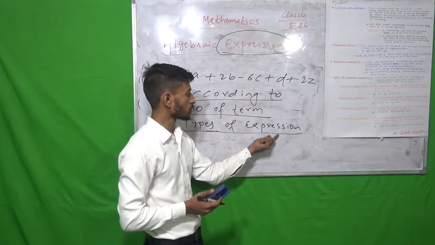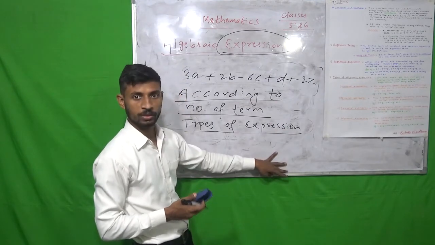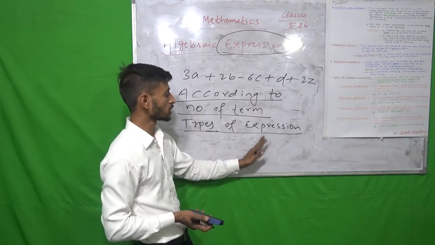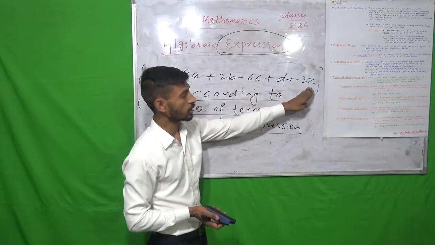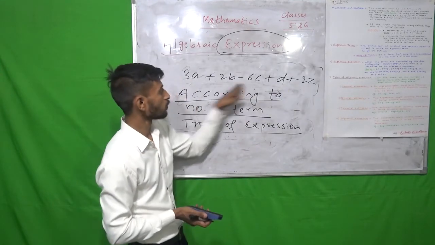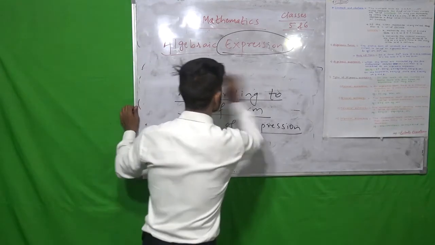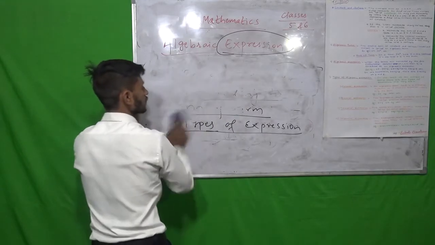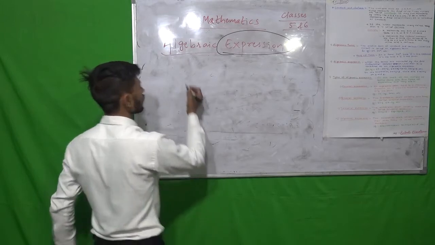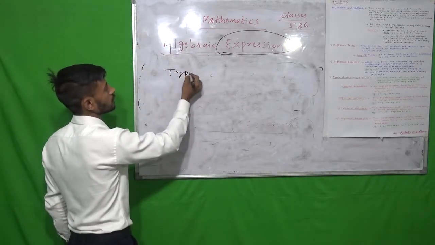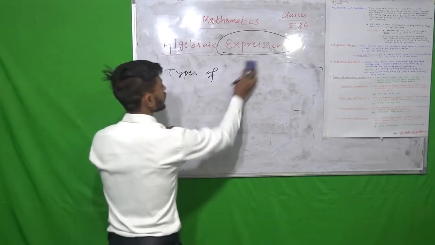That means an expression sometimes has only one term, sometimes 2 terms, sometimes 3 terms, sometimes more than 3 terms also, like here 4 terms. I have written one more term, so here now 5 terms. So these are the types of algebraic expression.